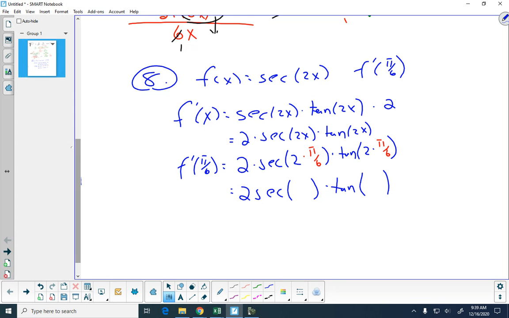What's 2 times pi over 6? Is it pi over 3? Pi over 3, yeah. Just pi over 3. These will cancel, and then we're left with pi over 3 and pi over 3. Now we get to relive our fond memories of our trig world.